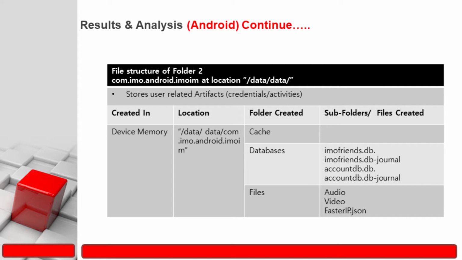Inside that folder we have a few other folders like cache, databases and files. Inside the databases folder we have 4 DBs, and information from those DBs can be easily extracted through SQLite software. Inside the files folder we have an audio folder, a video folder, and an important file, faster ip.json.